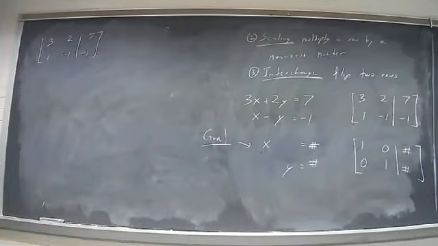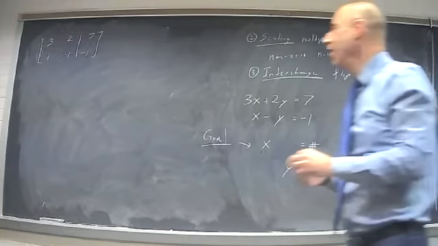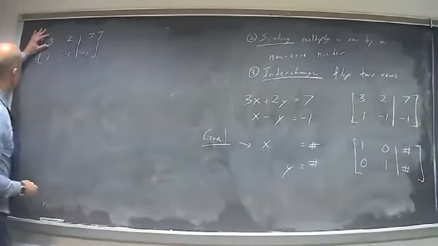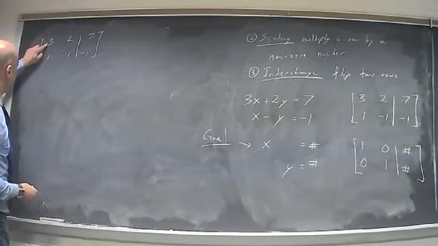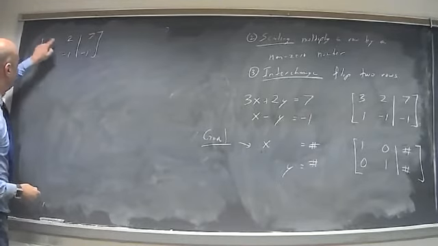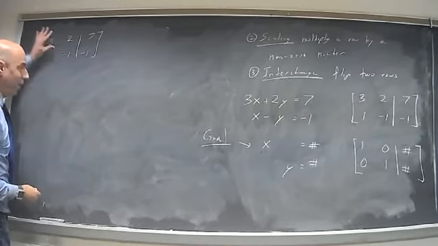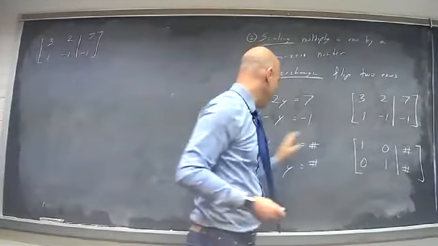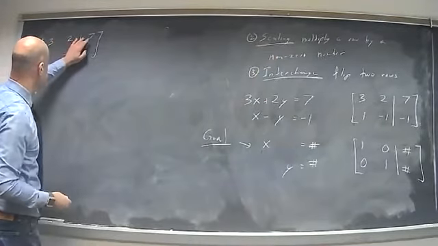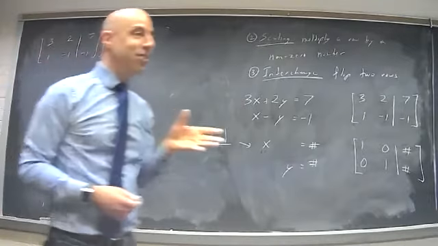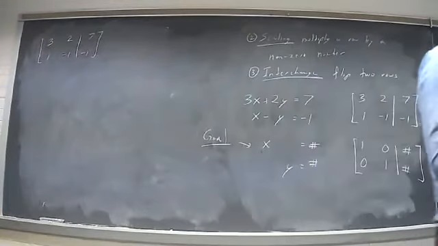I could take the first row and multiply by a third. Then I'd have a third times 3, which is 1, which is what I want there, because that would be x. And I'd have 2/3 and 7/3.